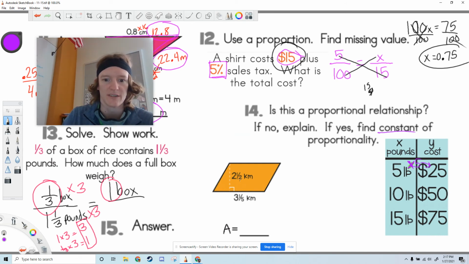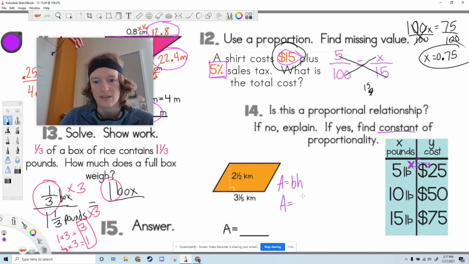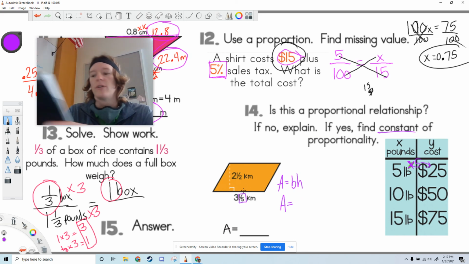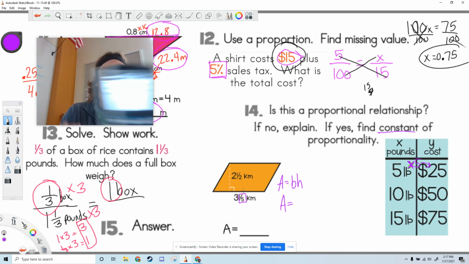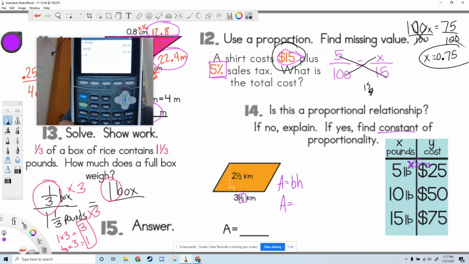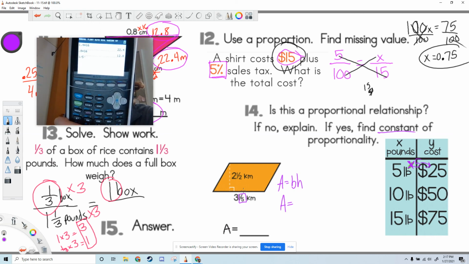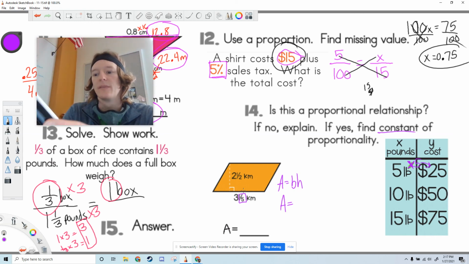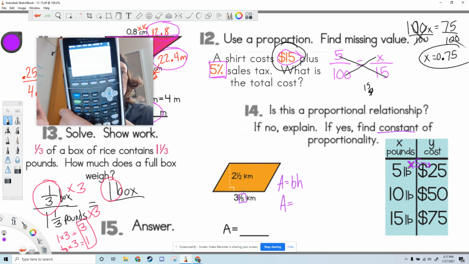For number 15, we need to find the area of a parallelogram. I know that area equals base times height, so area equals, the base is 3 and a fifth. Well, let's turn 1/5 into a decimal. 1/5 into a decimal, you just do 1 divided by 5, and that's going to give us 0.2.